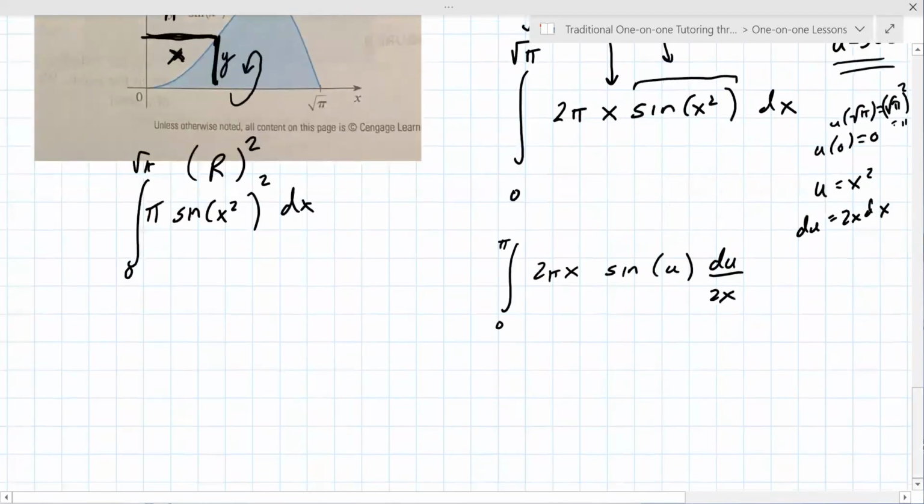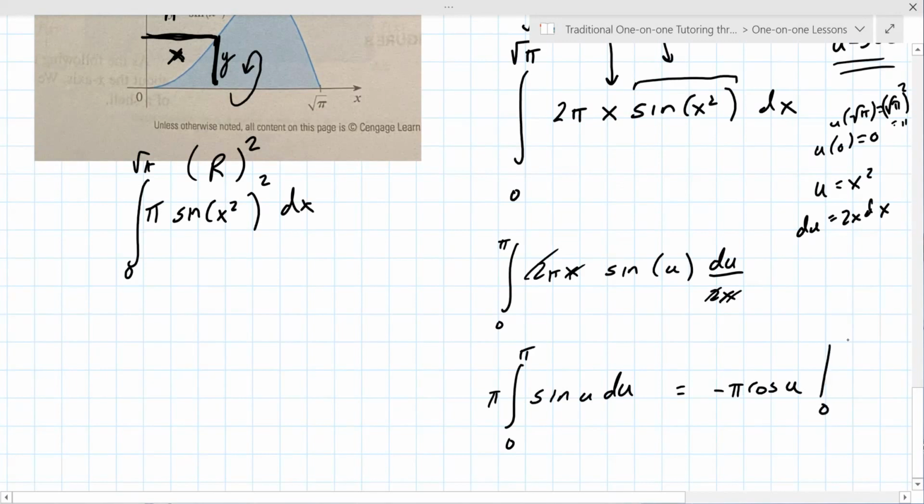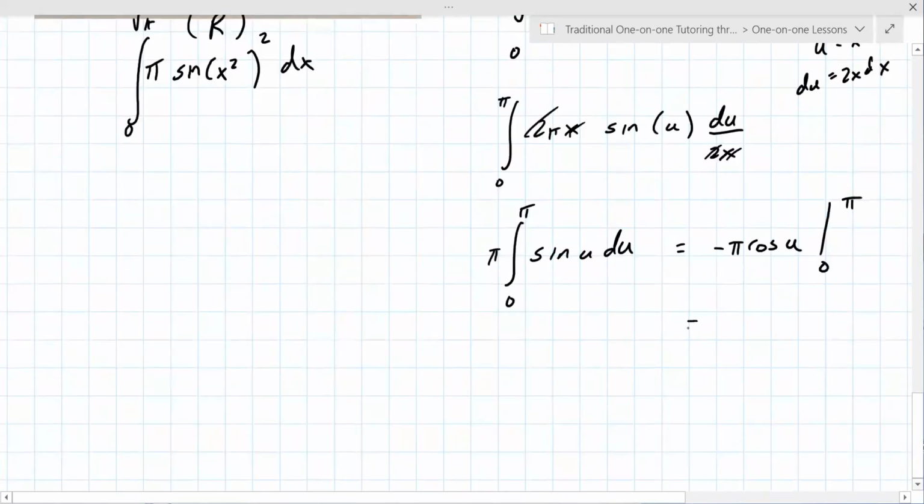And you get some nice cancellations here. The 2's cancel, the x's cancel, you get pi sine u du. The antiderivative of sine is minus cosine. So this is minus pi cosine u evaluated from 0 to pi. So minus pi times cosine pi minus cosine 0. This becomes minus 1, minus 1, so that's minus 2, so it becomes 2 pi.